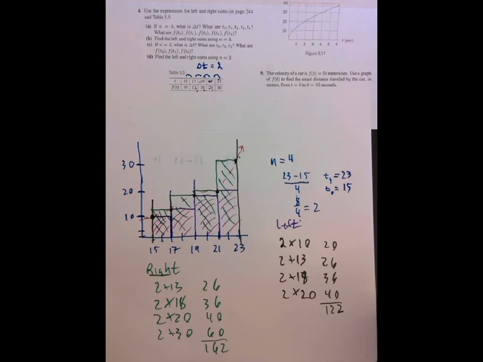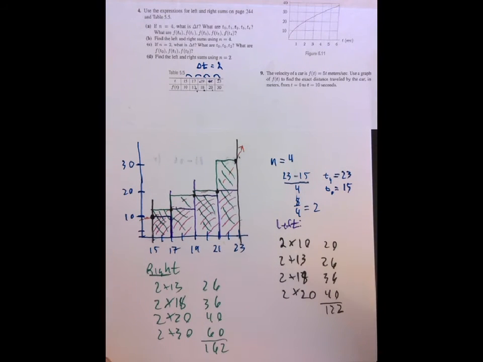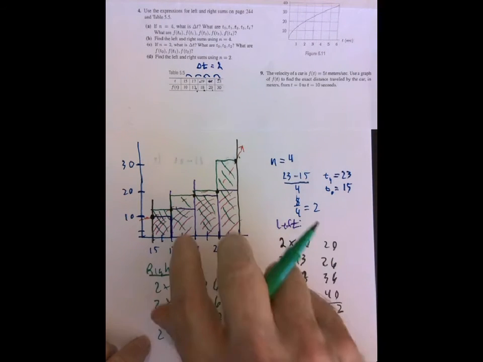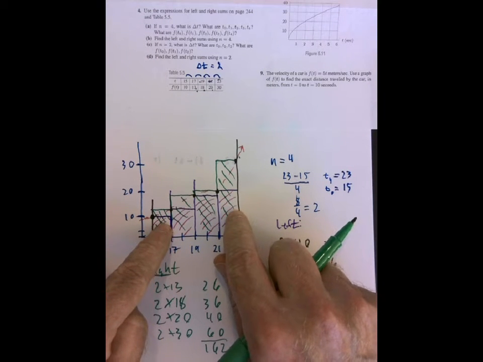All right, good. Now, they want you to do it again, except with n equal to 2. I'm not going to go through that because it's exactly the same process, but it's going to be a lot quicker because we're only going to have 2 intervals, and therefore only 2 rectangles.